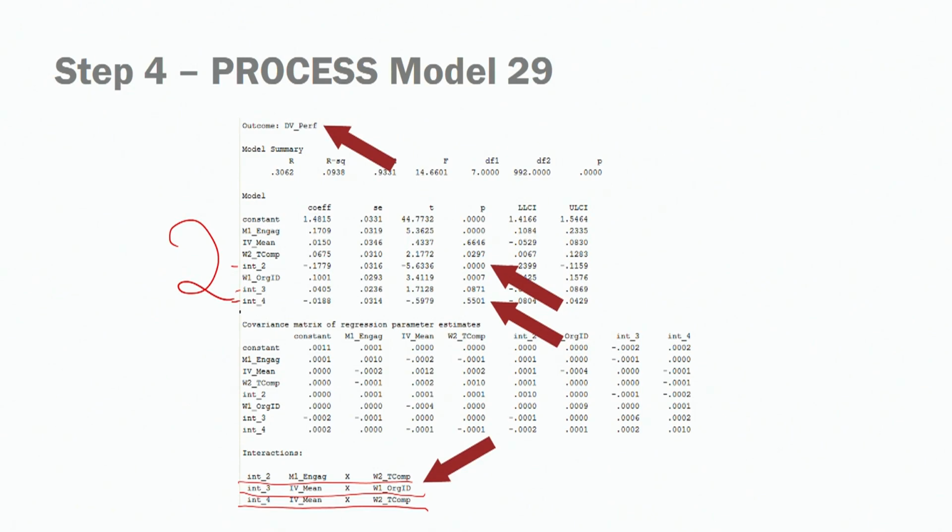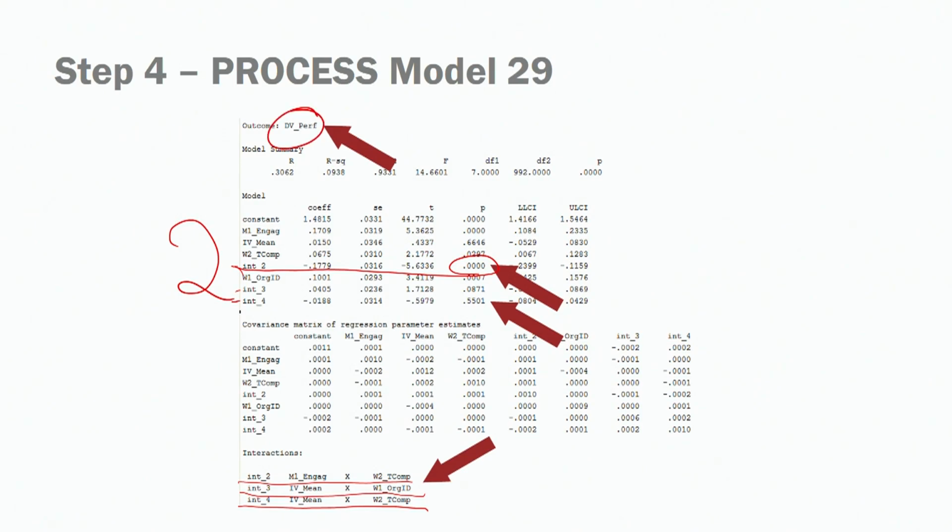Which one should we be looking at here? We should be looking at interaction term number 2, job engagement and task complexity, and that effect on job performance. If we look here, we do find that interaction term number 2 has a significant relationship with performance.